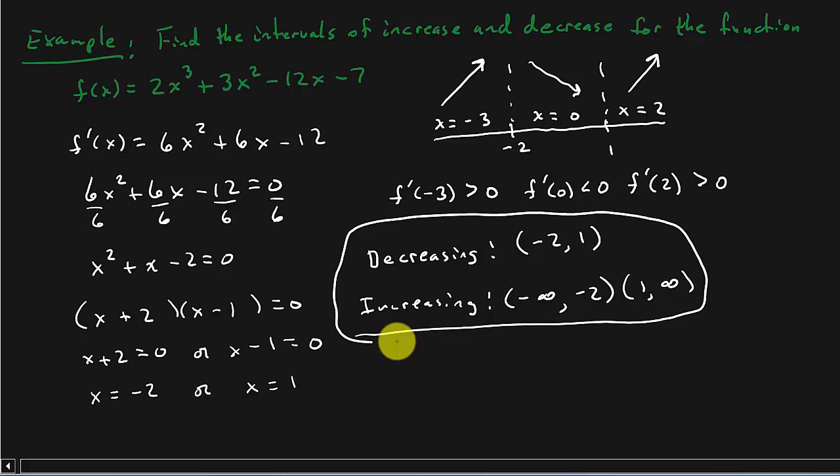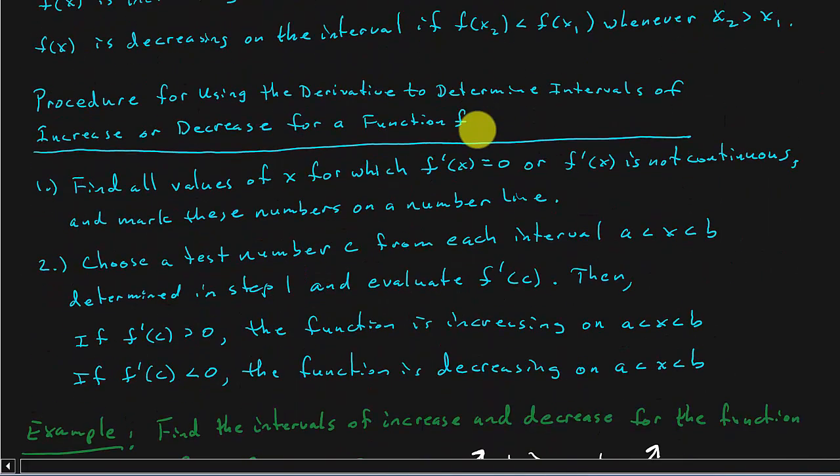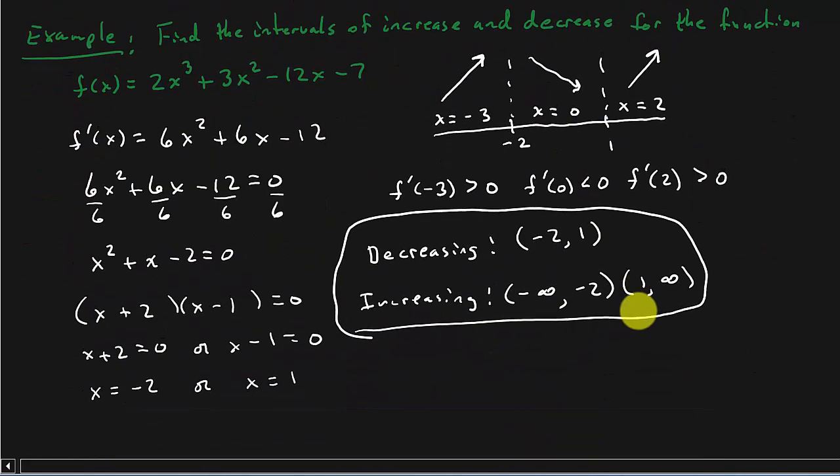Basically the way we just worked this is what this right here was telling us to do. It's a lot easier to work it than just read through it, though it's good to read through it and understand it. That's how you find out where it's increasing and decreasing.